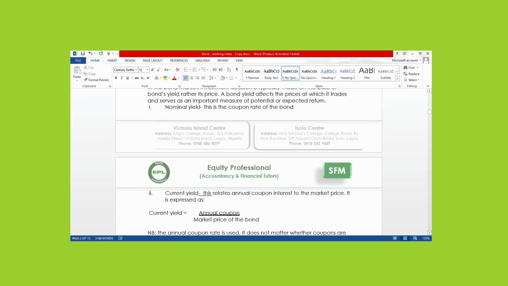It is calculated as annual coupon interest divided by the market price of a bond multiplied by 100. It is calculated in percentage. That is the current return, the current yield.